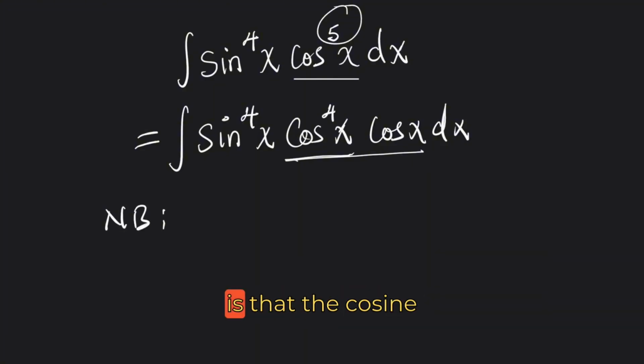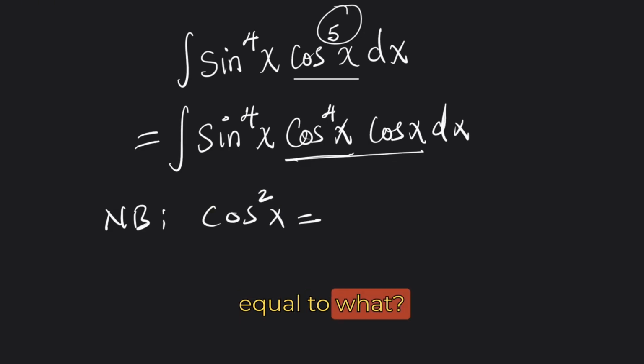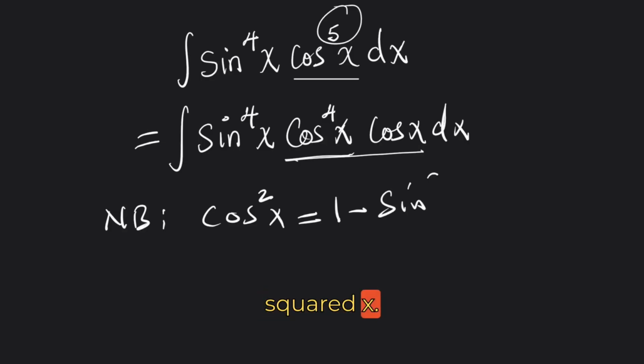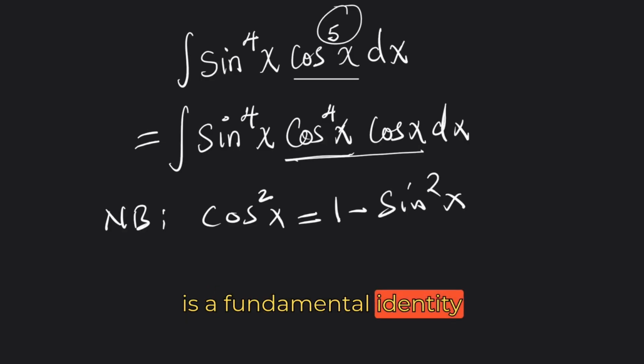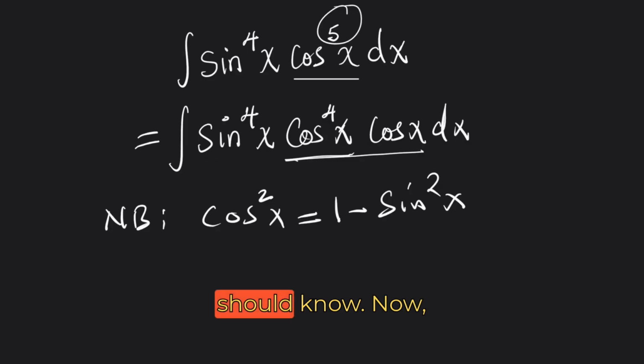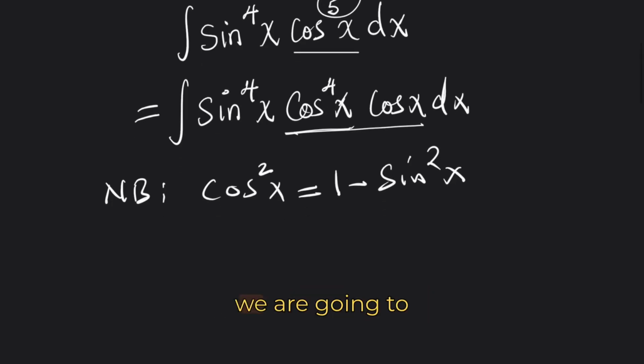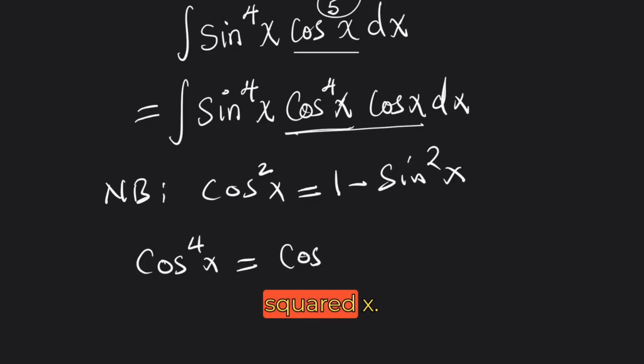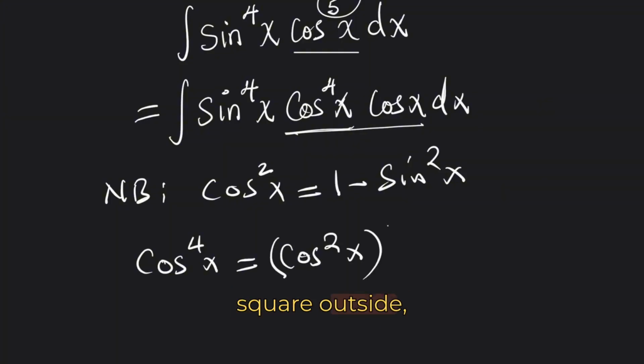Next, we are going to take a note here. The note that we take is that cosine squared of x is equal to 1 minus sine squared x. This is a fundamental identity that we should know. Next, we write cosine to the power 4x as cosine squared x, and then I take the square outside.